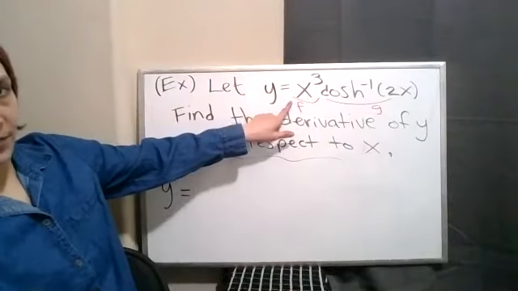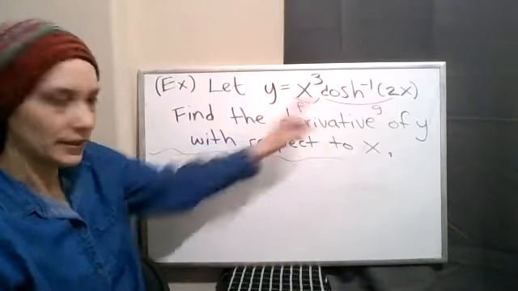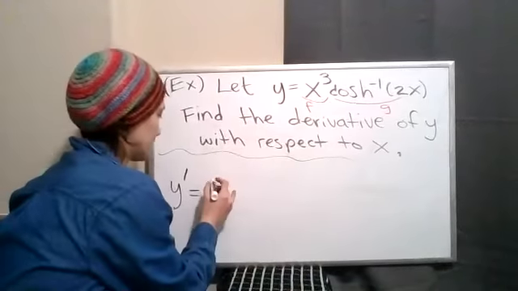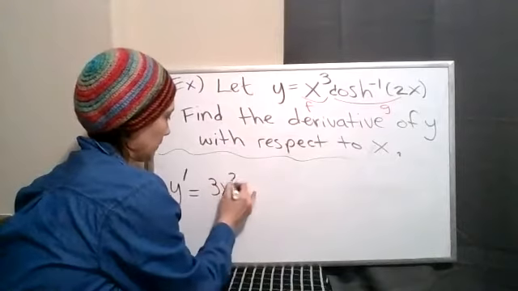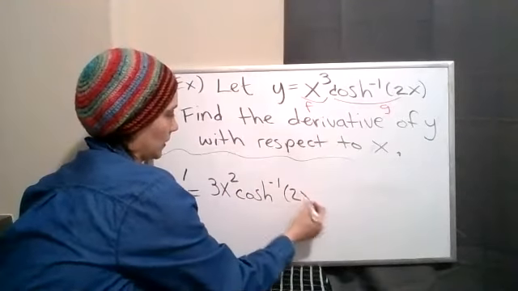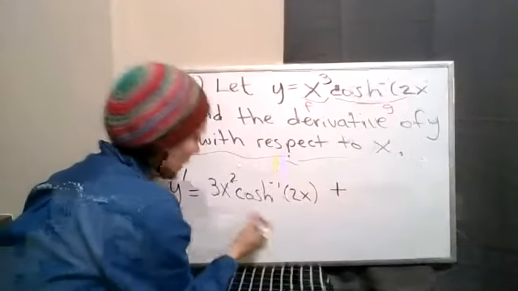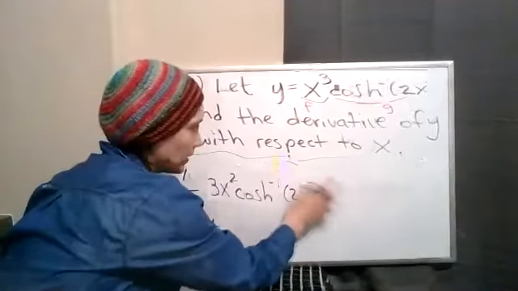Start here, f prime will be 3x squared, multiply by that.